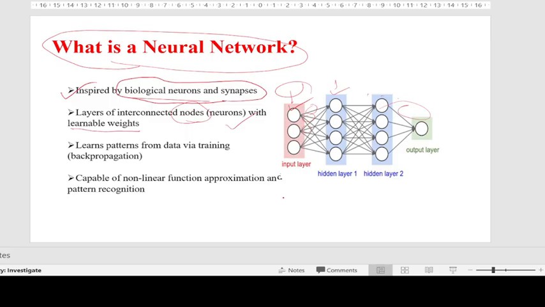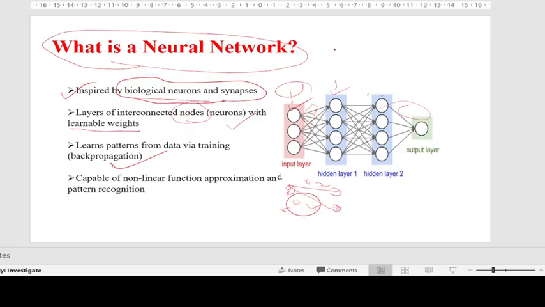For example, if one connection has weight 0.2 and another 0.4, then the 0.4 connection has higher weightage between those neurons. It also learns patterns from data via training, or backpropagation. We will discuss training and backpropagation in detail in further classes, but training simply means learning the mechanism from the data.